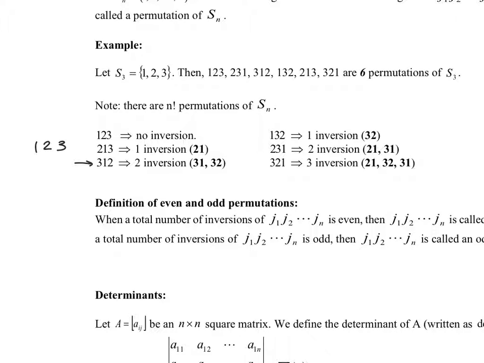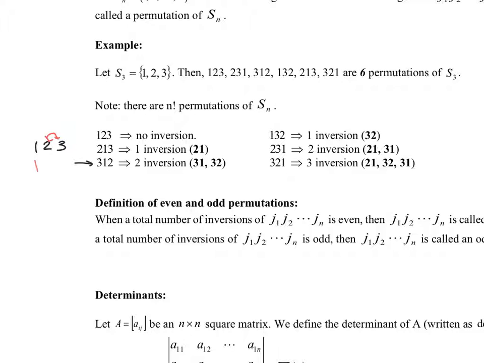1, 2, 3. The first thing you would do is swap the 1 and the 2. So that's 1 inversion. And then swap. Oh, actually, I swapped the wrong things. Swap the 2 and the 3.